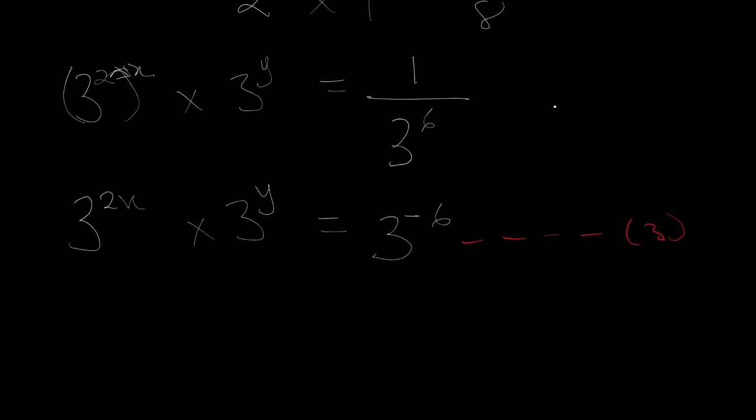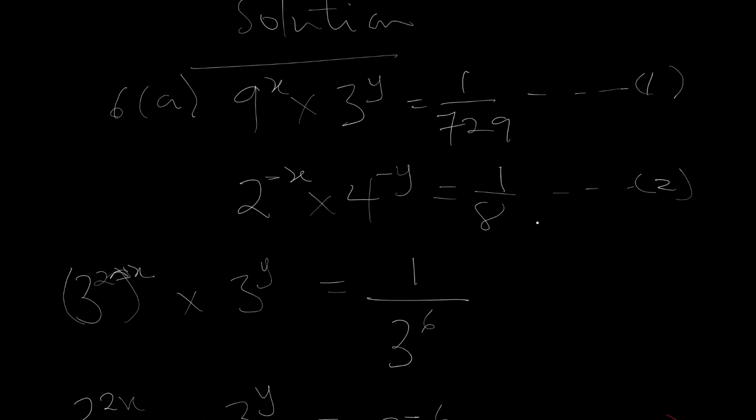Now we take equation 2 and express everything to the smallest base. In equation 2, the smallest base is 2. So we express 4 and 8 in base 2. All right.